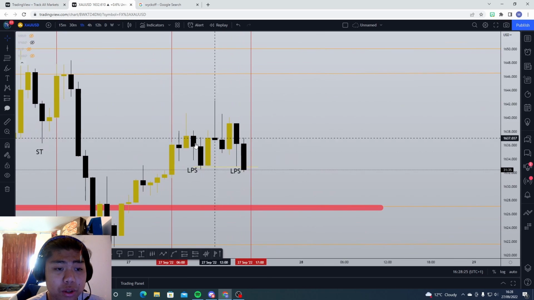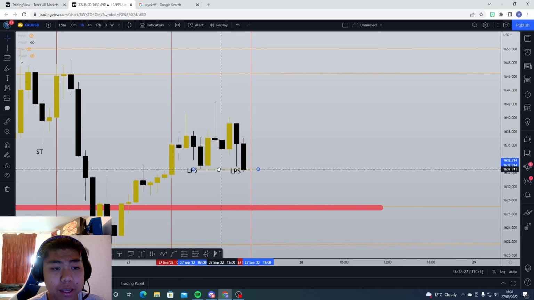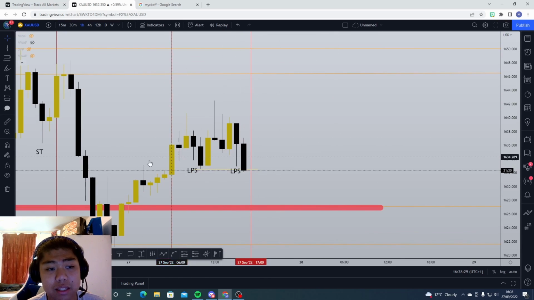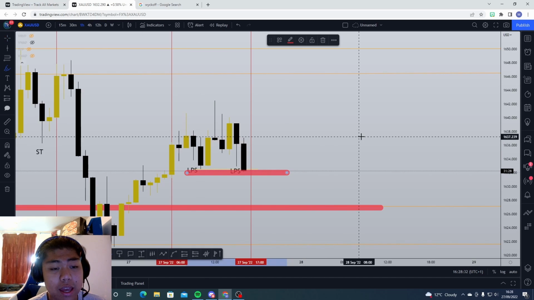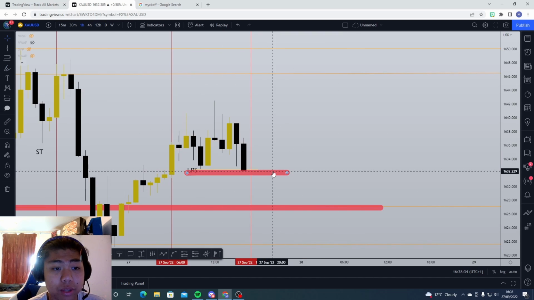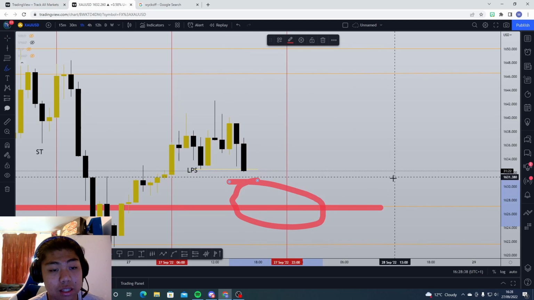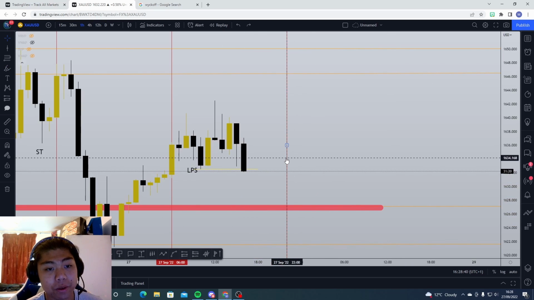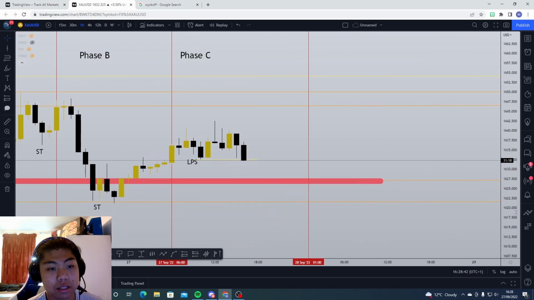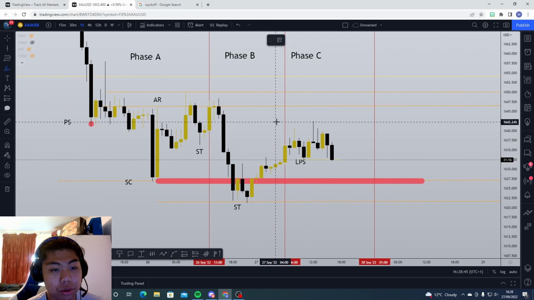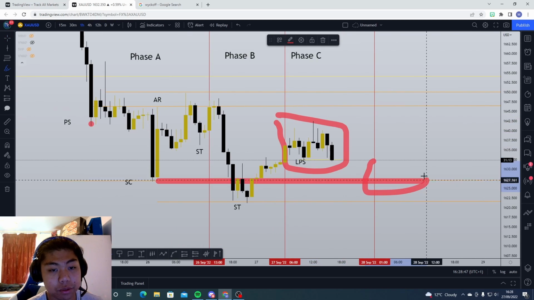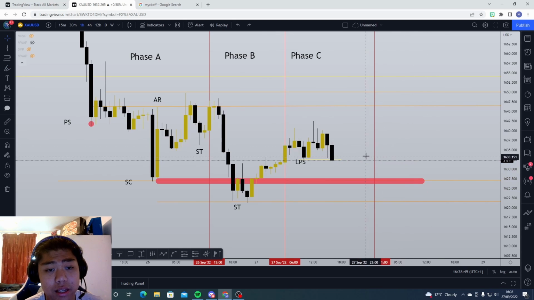So you have 2 last points of support. We're breaking that a little bit here, however if we still finish above that, it's still supported by this level over here. If we do break down below, that's fine. We'll just extend our phase B and call this level, if it rejects, our last point of support. So we're expecting either we hold this level or this level, and we'll call that last point of support.